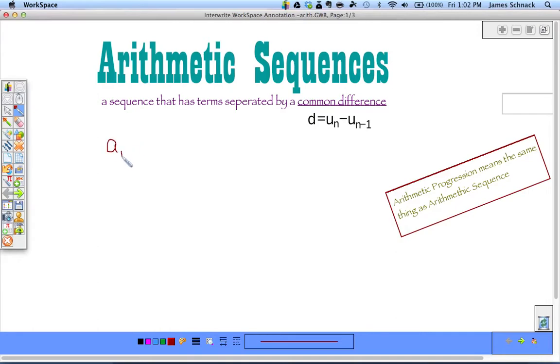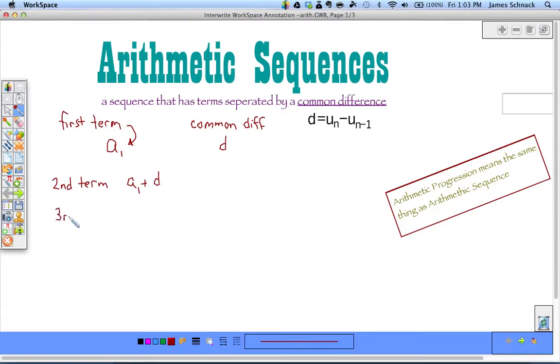Let's say we have a first term of A1. What would be the second term if we have a common difference of D? Well, the second term would be the first term plus the common difference.